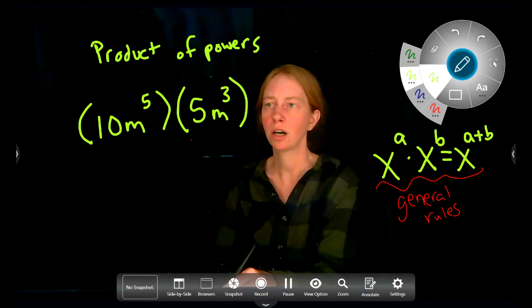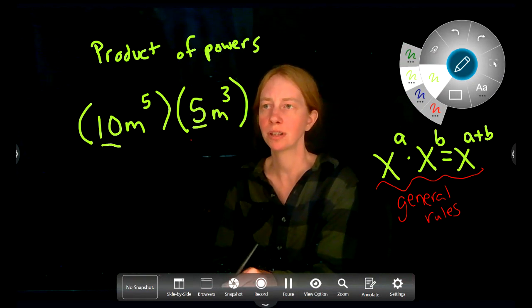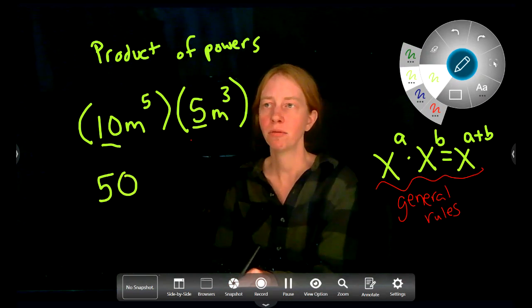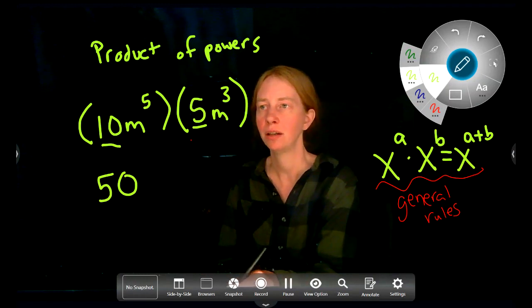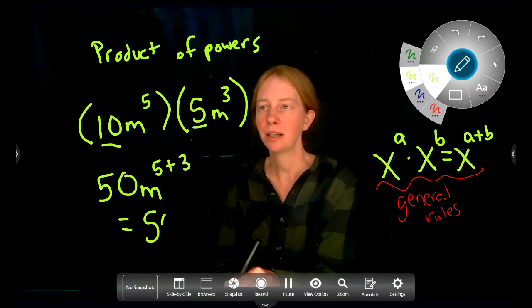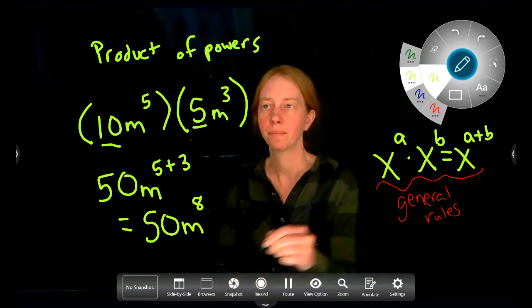Okay, so we're going to start by multiplying those coefficients again. So 50. And then we're going to follow our rule this time. Instead of writing all those m's out like we did, we're going to follow our rule. So m to the 5 plus 3. So that is 50 times m to the 8th.